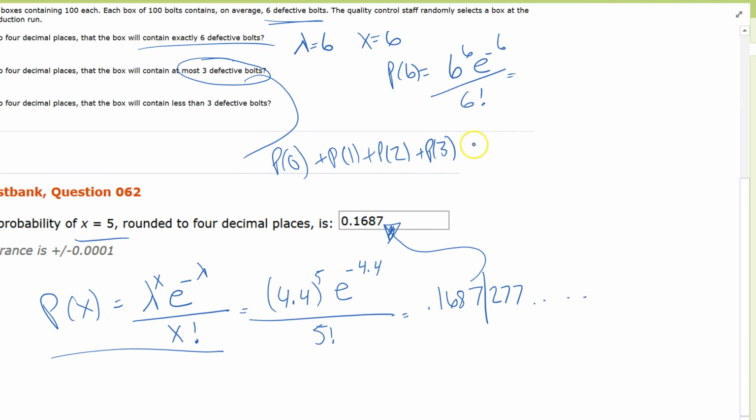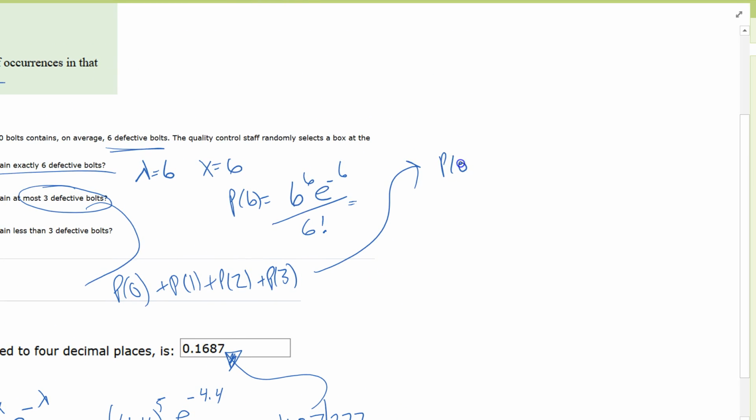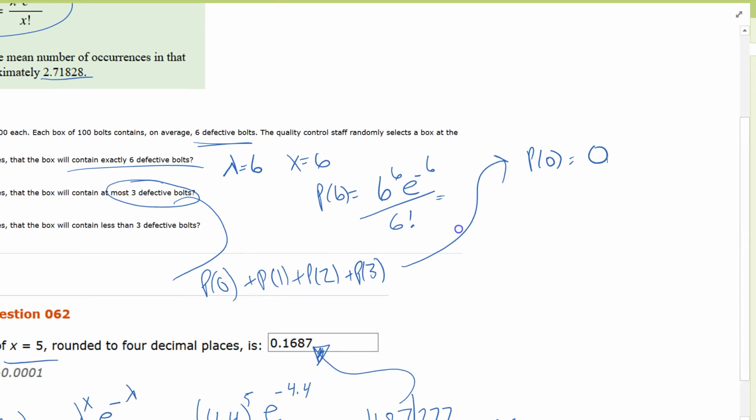So here, using the formula, I would have the probability of 0 would be 6 to the 0, e to the minus 6 over 0 factorial. Oh sorry, I first said 0 to the 6th; this would be 6 to the 0.